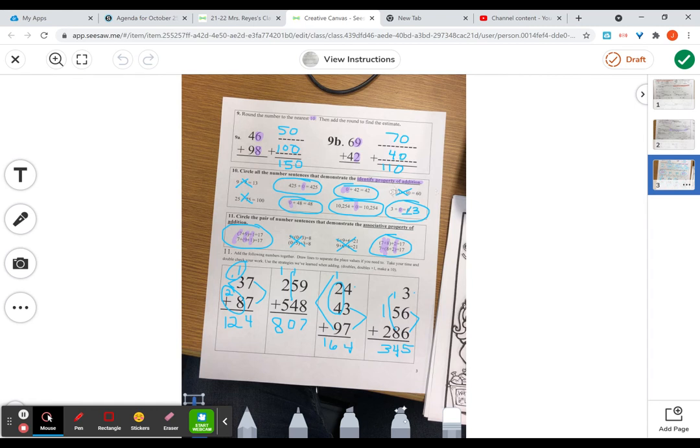And then we're looking for the identity. I know that this was an error in spell check. It just didn't catch it. Identity property of addition, not the identity. And we're just looking for zeros. So when 0 is being added to another number, your sum is always going to be that other number.